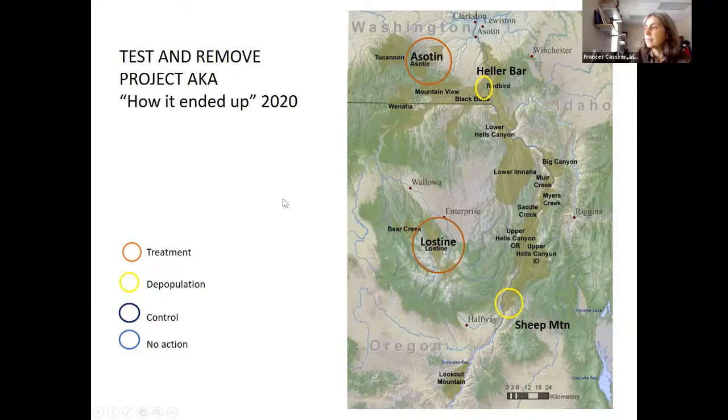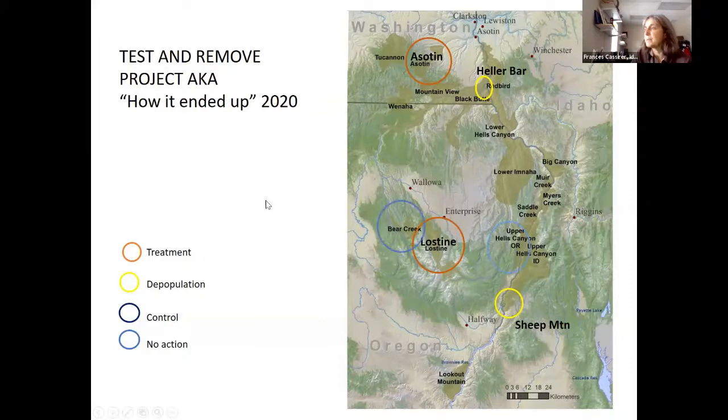And then we did end up removing ewes from the Lostine, so that became a treatment population later on. Because of our encouraging results from Asotin, we decided to go ahead and see what we could do in the rest of the canyon.